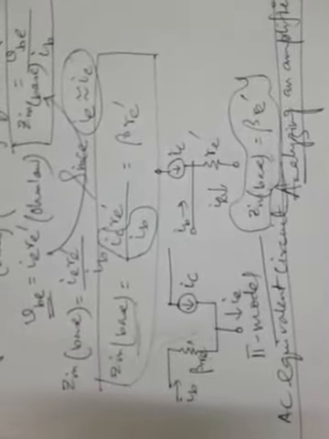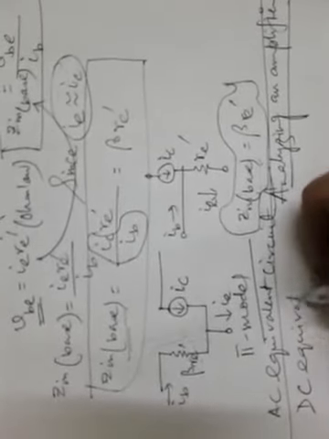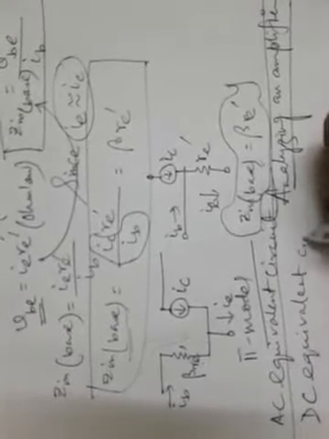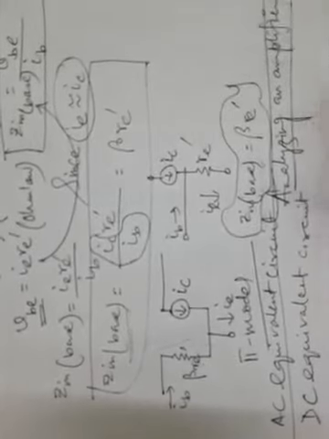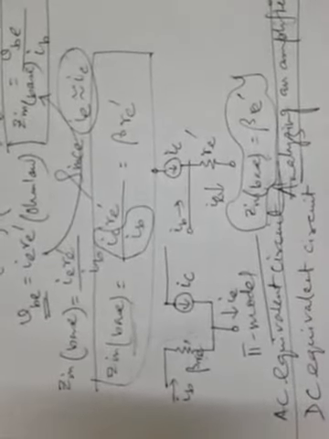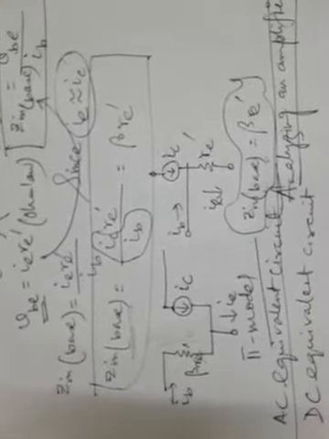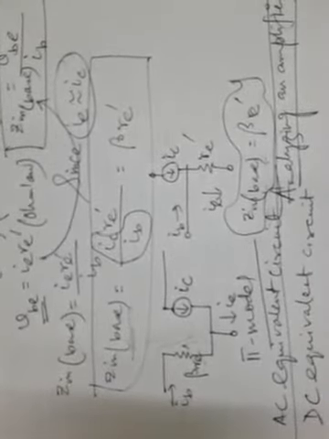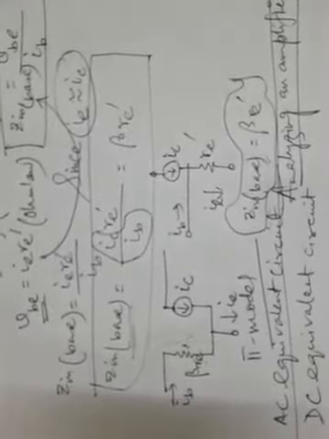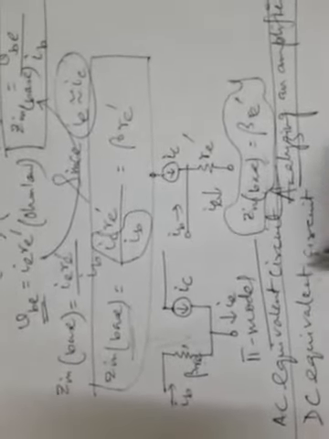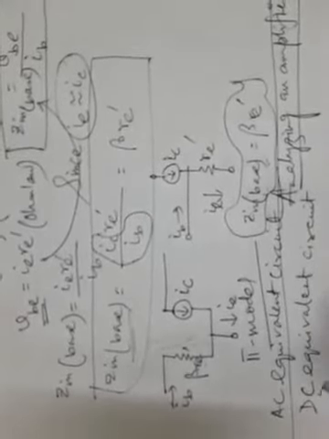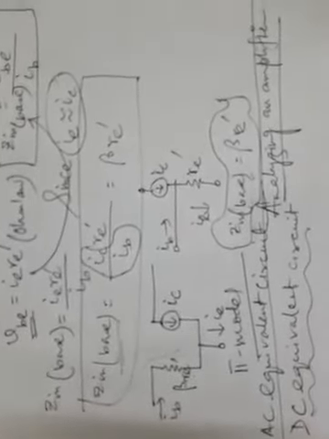Now to analyze an amplifier, let us see the DC equivalent circuit. The simplest way to analyze an amplifier is to split the analysis into two parts, the DC analysis and an AC analysis. So for that we need to first draw the DC equivalent circuit and analyze.